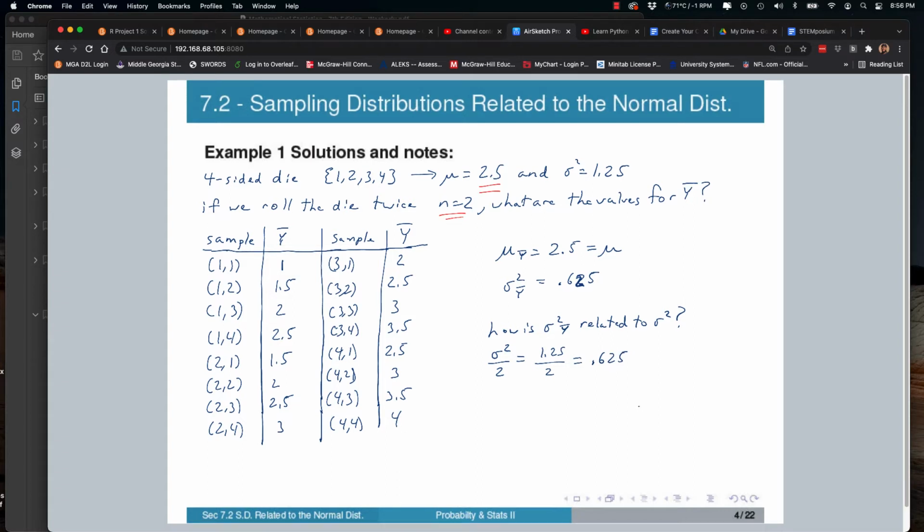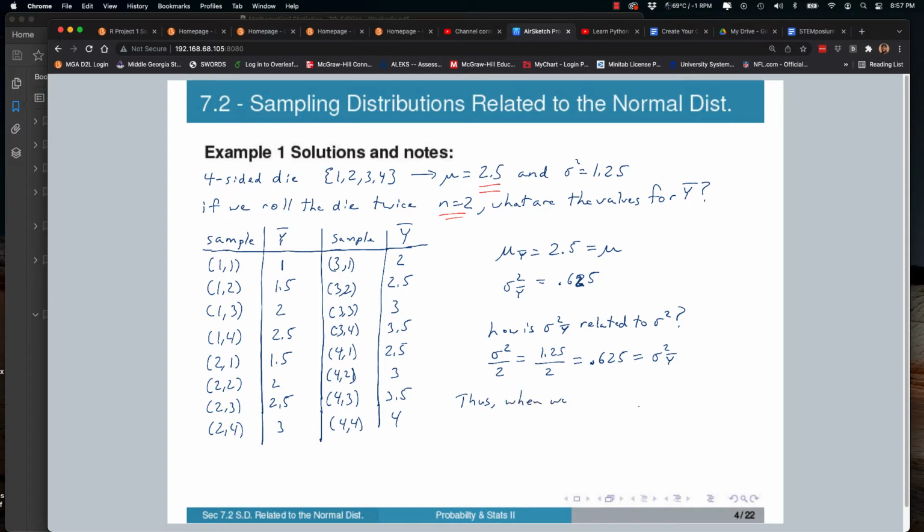So dividing the original population variance by the sample size gave us the same thing as the variance of the sample means, sigma squared sub y-bar.